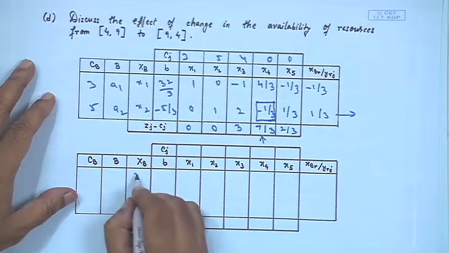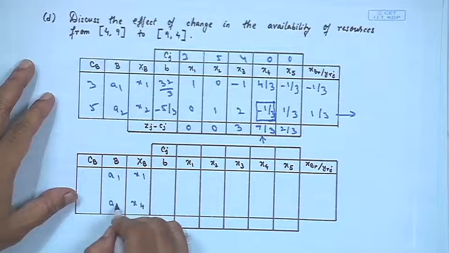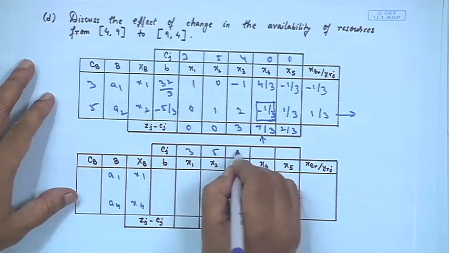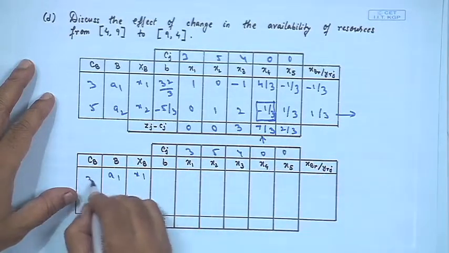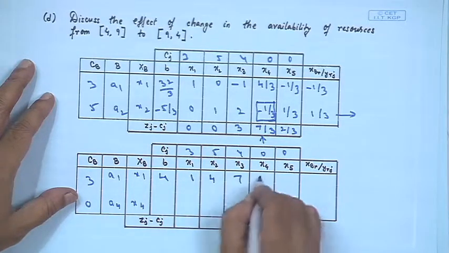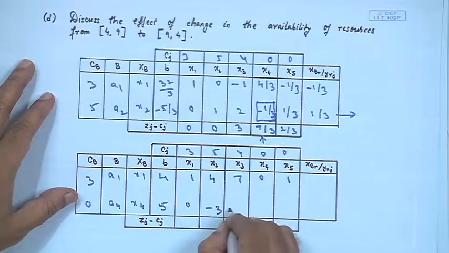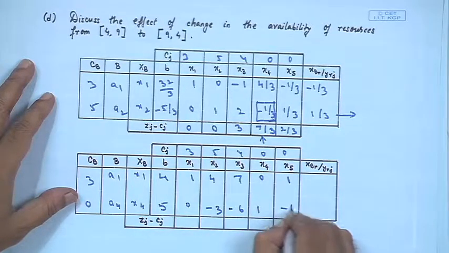So, in the next table your x1 will come, x4 will come, a1 a4 will come. So, it is 3 5 4 0 0, this is 3 and 0. So, this becomes 4 1 4, 7 0 1 and 5 0 minus 3 minus 6 1 minus 1.